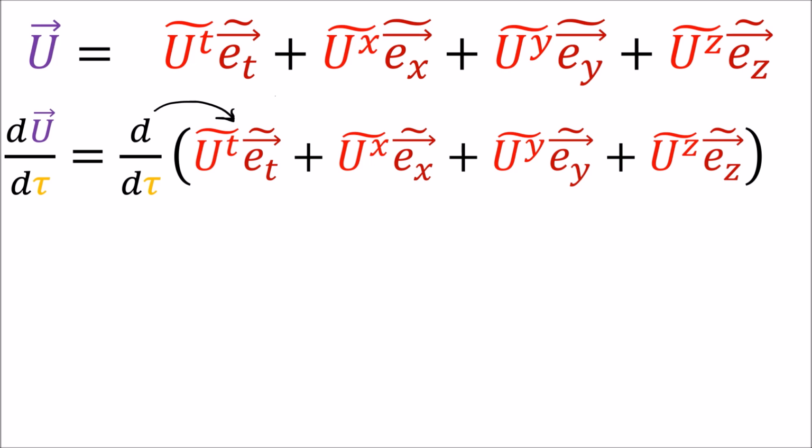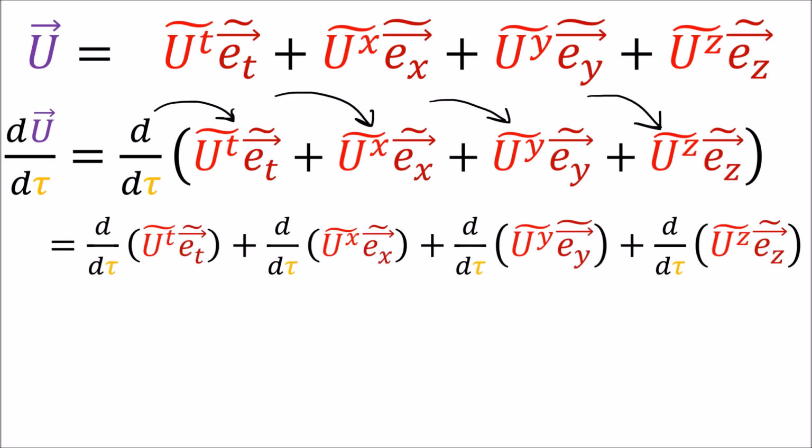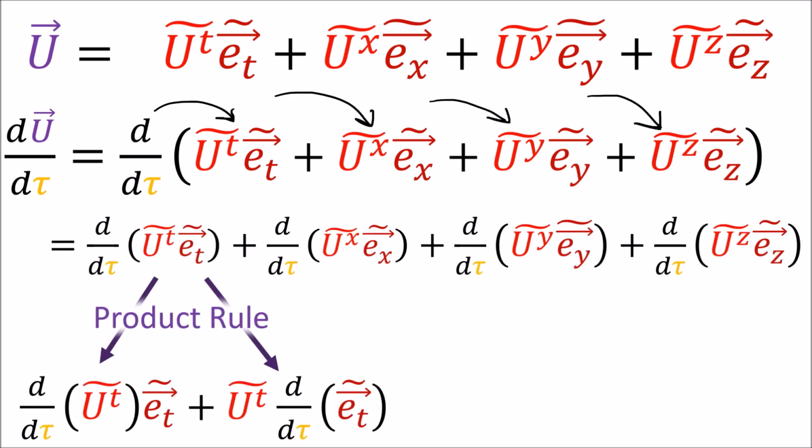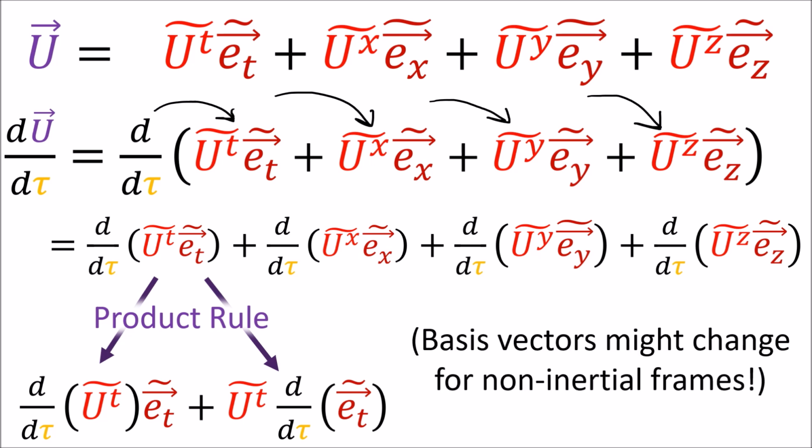To take the derivative of a 4 vector properly, we need to use product rule to differentiate both the vector components and the basis vectors. The basis vectors might change in non-inertial frames, so we need to be sure to include their derivatives.